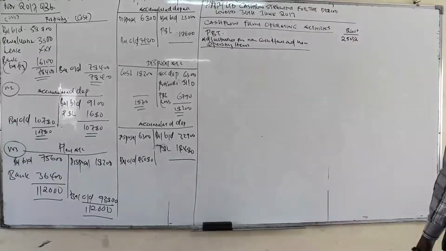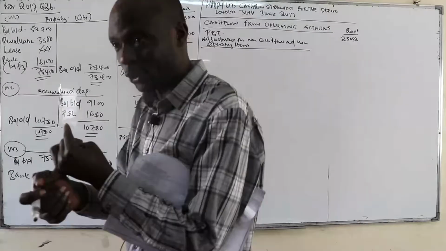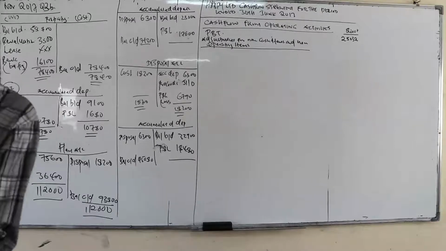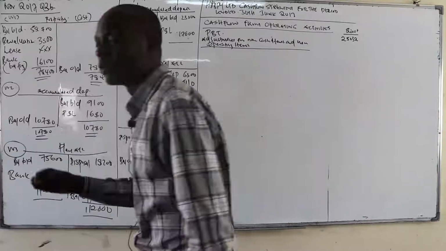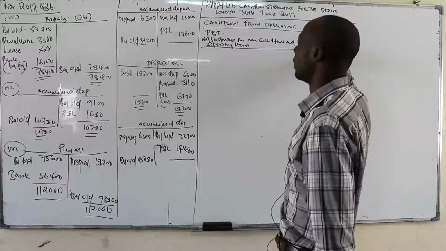So we have some other non-cash items that are deducted from the gross profit, like depreciation. What do we mean by non-cash item? There's no movement of cash in or out, isn't it? When we depreciate an asset or we provide provision for depreciation or provision for bad debts, there's no movement of cash. But you remember now, we have treated that one as an operating expense, isn't it? So we have deducted it from our operation. So we add it back.